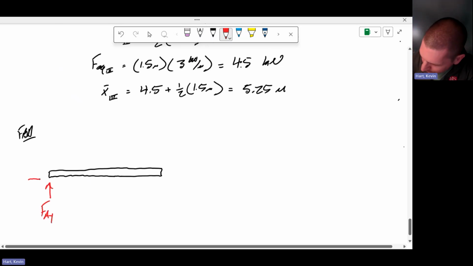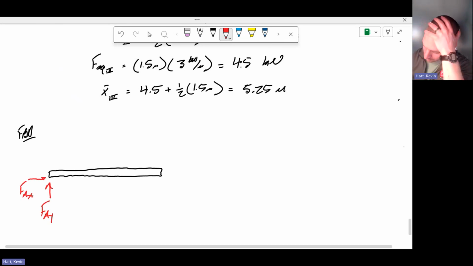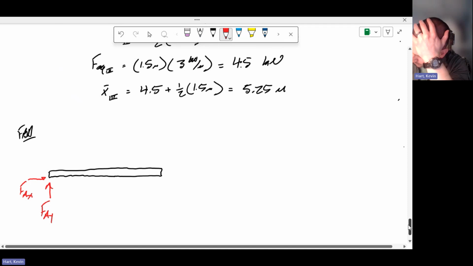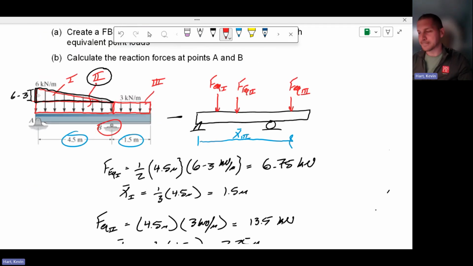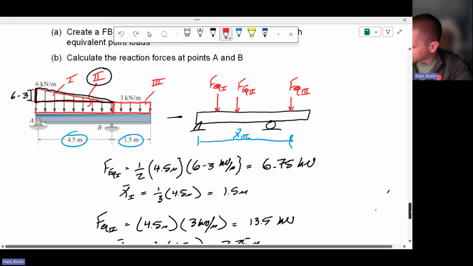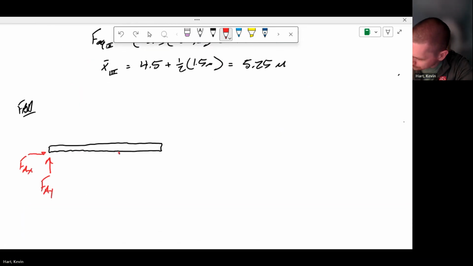So we know we get 2 forces at a pin. Point B, this is an overhanging beam. So point B is there, and that's 4.5 meters from the left. So here's FBY. It's 4.5 meters from the left.